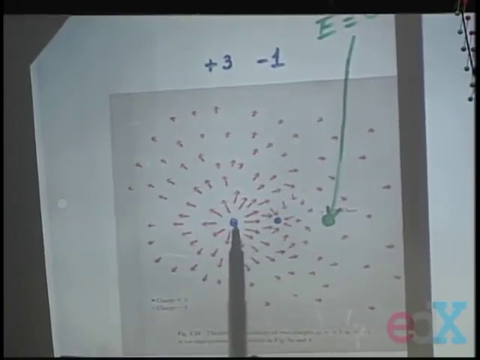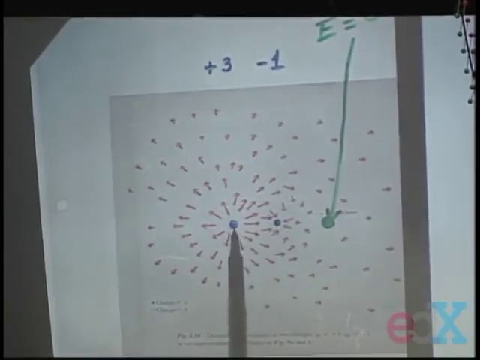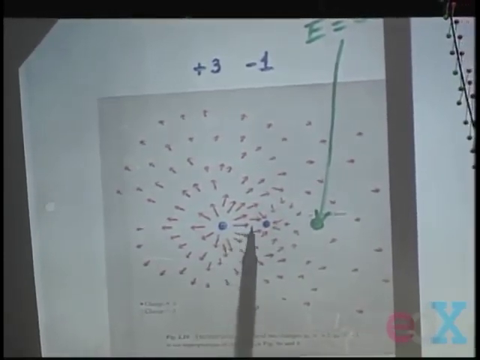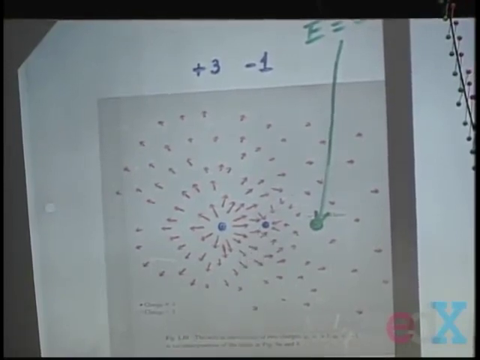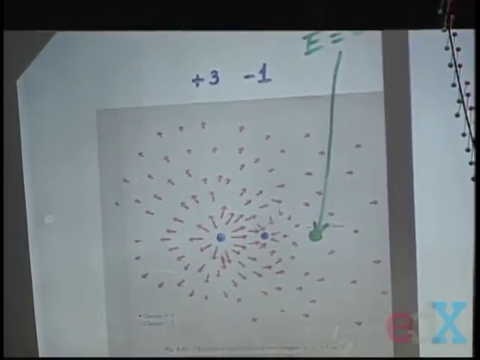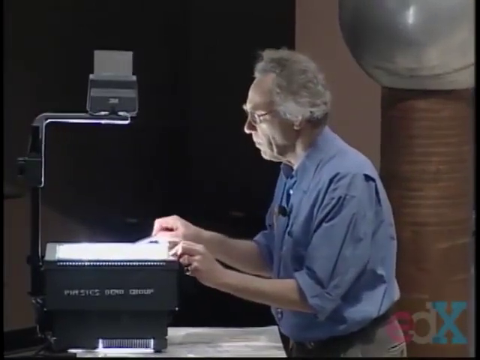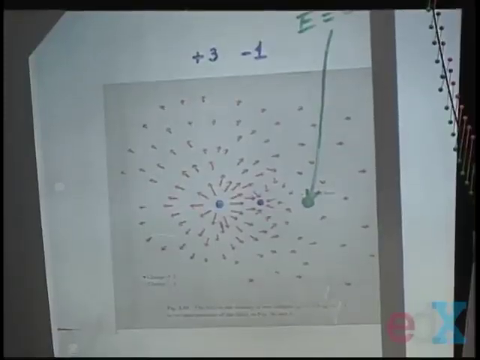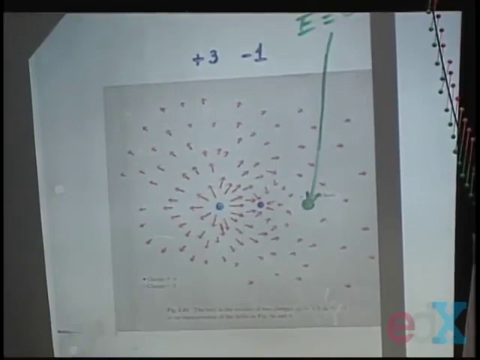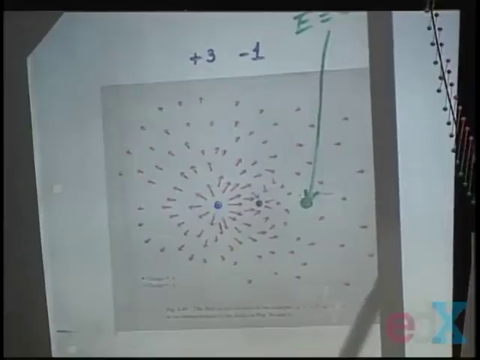Well, if you're in between the plus and the minus on this line, always the E field will be pointing from the plus to the minus, because the plus is pushing out and the minus is sucking in, so the two support each other. But now if you go very far away from this charge configuration, anywhere, much farther than the distance between the two charges, so somewhere here, or there, or here, notice that always the arrows are pointing away.